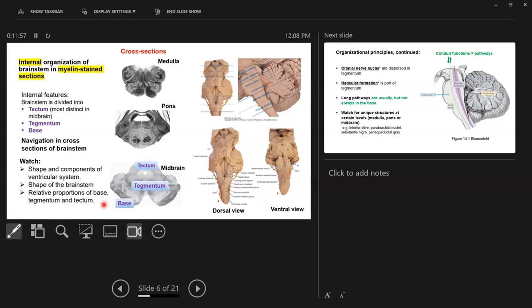You could go from caudal to rostral. That would correspond to a typical level of medulla. Up here, maybe a mid-medulla in this case.